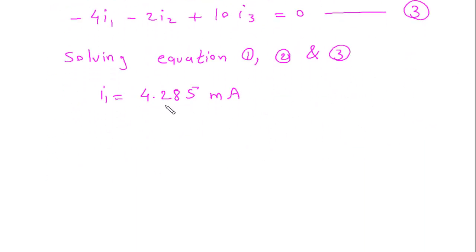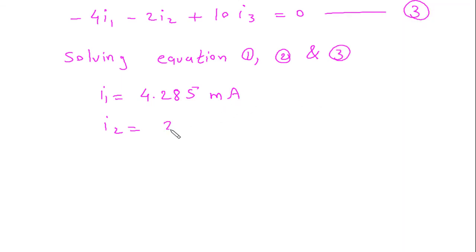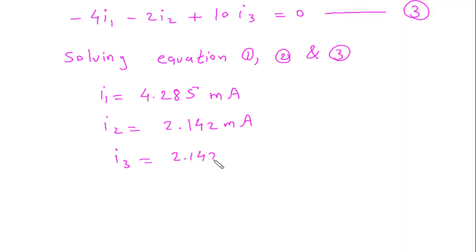So I1 is equal to 4.285 milliampere, I2 is equal to 2.142 milliampere, and I3 is equal to 2.142 milliampere.